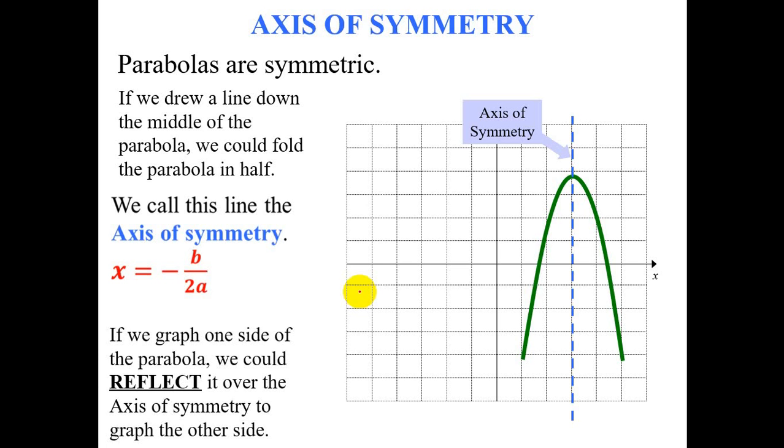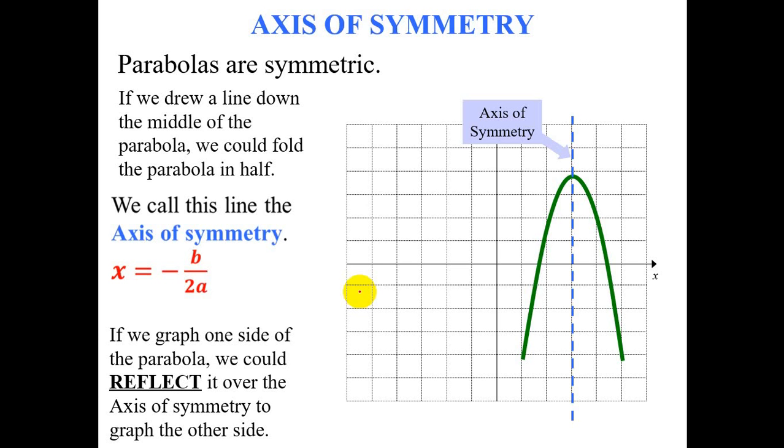Take note that in the vertex, it is the same as the value of h, which is negative b over 2a. So it simply means that you don't need anymore to solve for the axis of symmetry because it was already solved previously when we solved for the value of h of the vertex.